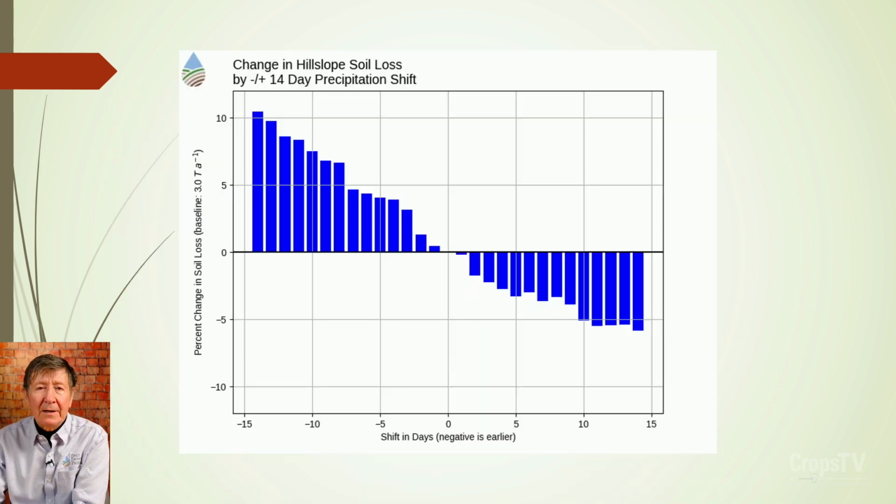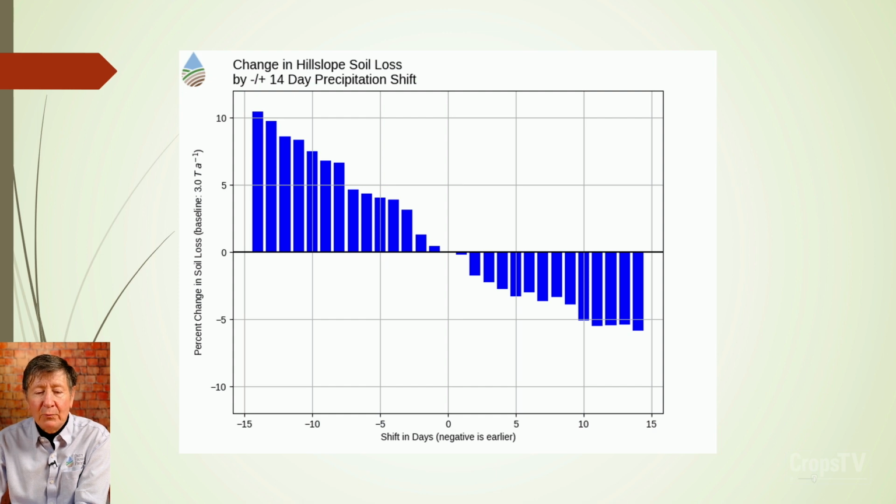Okay, this is somewhat a mirror of the previous slide set. Now we talked about changing tillage timing, but this time we're shifting the precipitation to either earlier or later than what we currently observe in our daily erosion project.